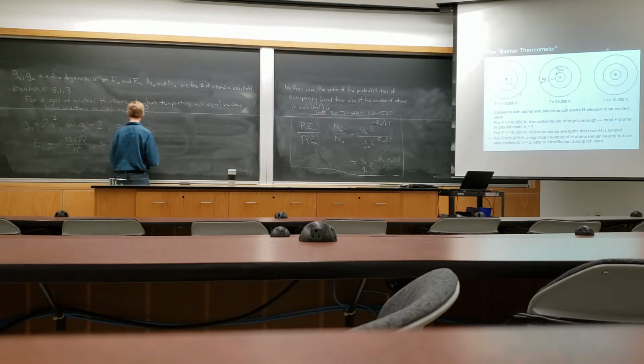So as we've already mentioned, E1, the energy of the ground state, is minus 13.6 electron volts. And E2 is 1/4 of that, minus 13.6 eV over 2 squared, that's minus 3.4 electron volts.